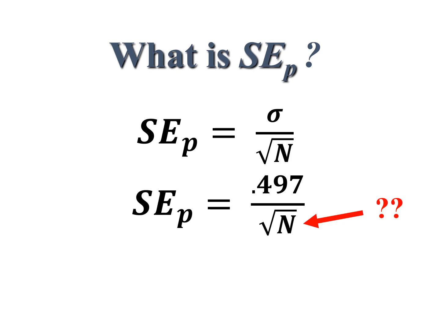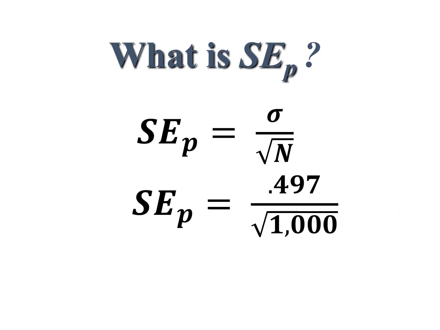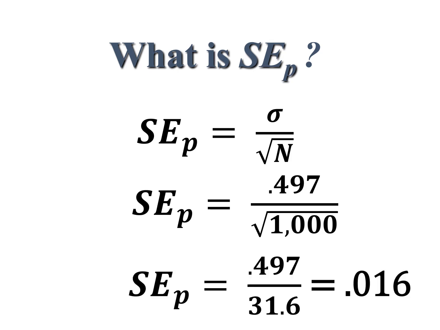Well, what's the value of n? n is the number of individuals per sample, and in this example we had 1,000 individuals. So we end up with a standard error of 0.016.